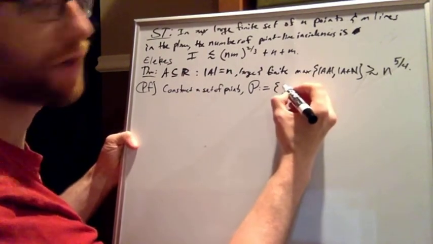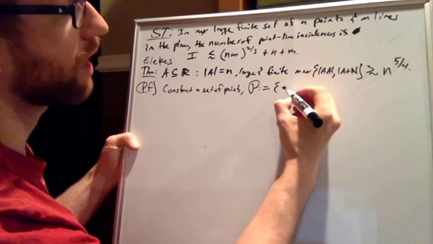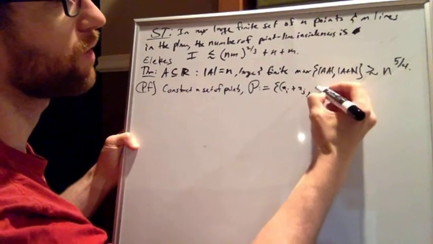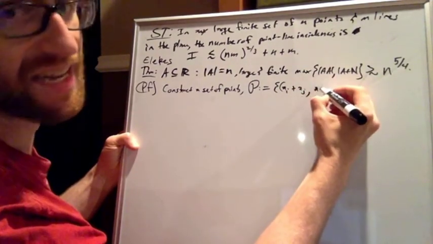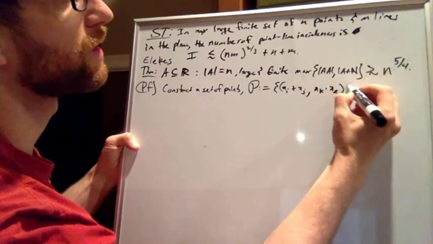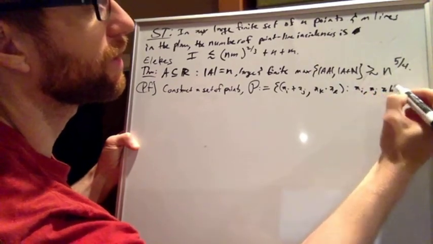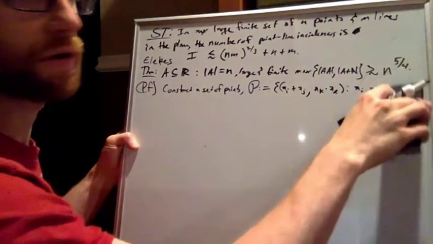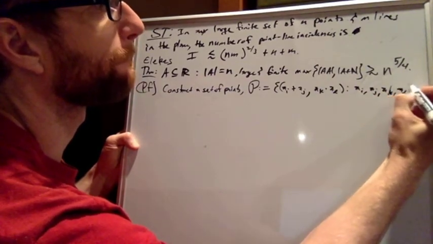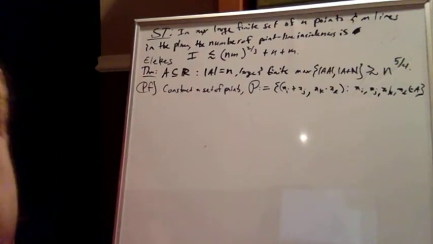It's going to be defined as, let's say, (a_i + a_j, a_k times a_l), such that a_i, a_j, a_k, and a_l are elements of our original set A. So this is going to be the point set.